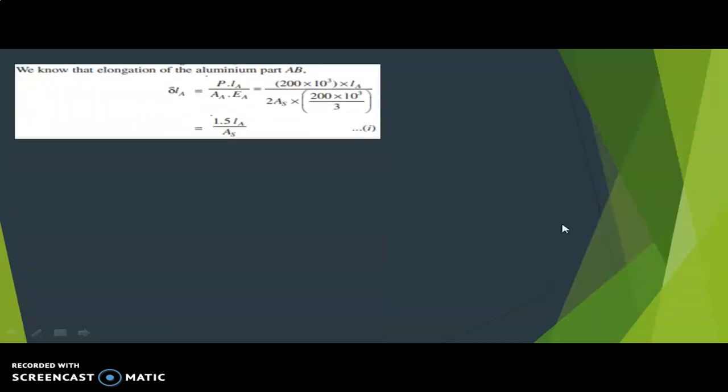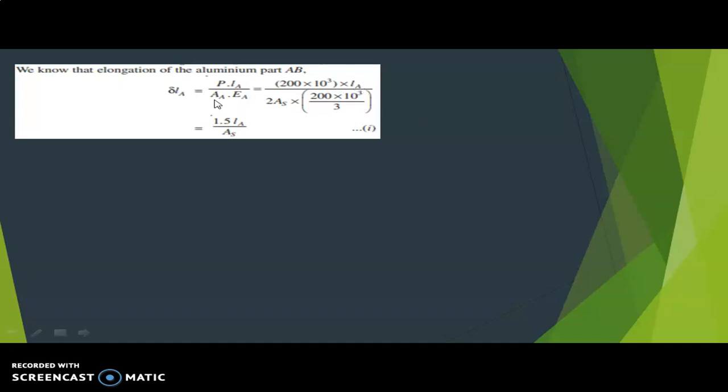Okay, how we have to calculate now? First we will find the elongation of the aluminium bar AB. Okay, that portion. So what is that? Elongation is equal to PL divided by A into E, right? So here this is for aluminium bar. So what is P? P is same, 200 into 10 raised to 3, and LA we have to calculate.